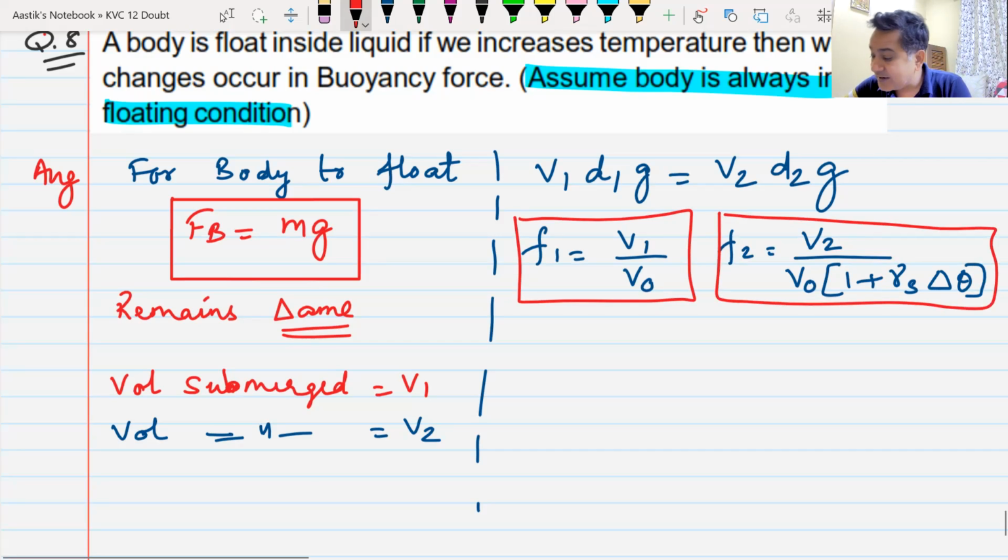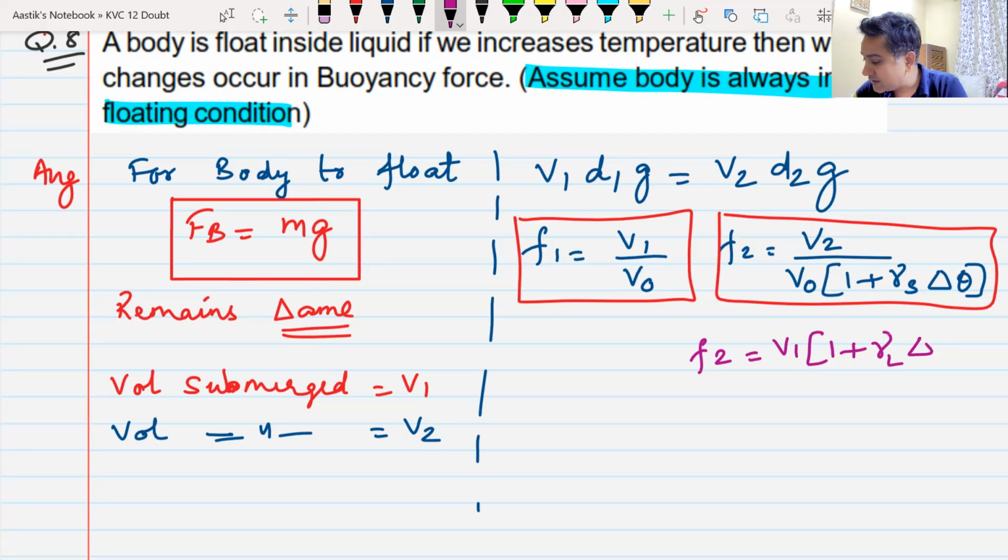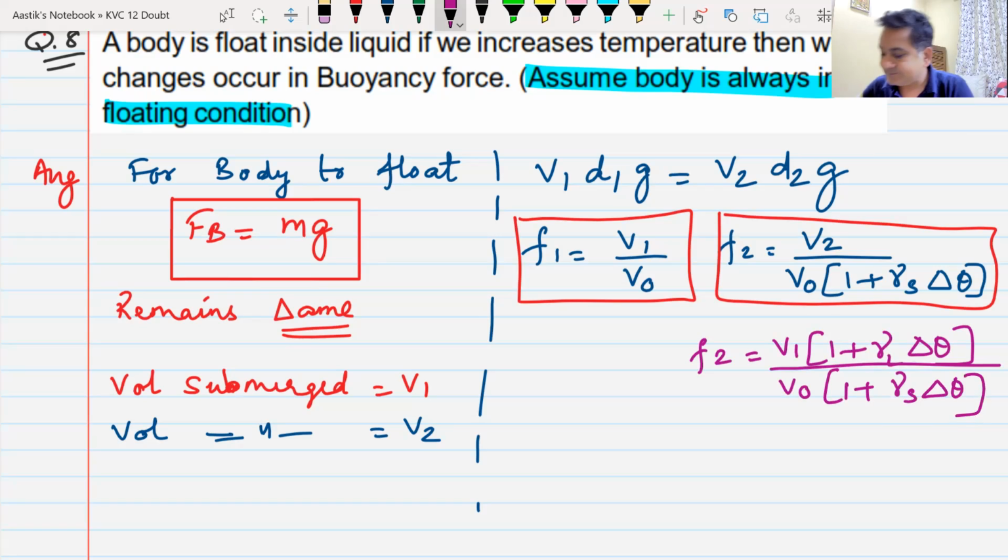I can write this F2 again as, I can substitute V2 in terms of V1. I can write it as V1 into 1 plus gamma L into delta theta divided by V0 into 1 plus gamma S delta theta.